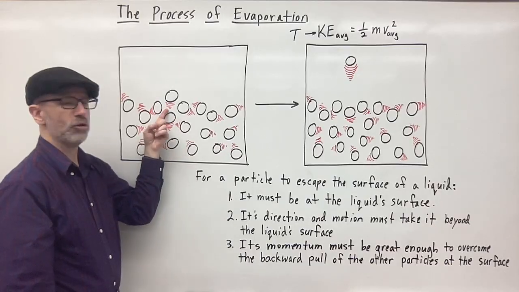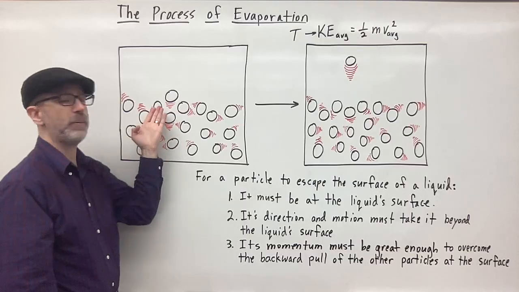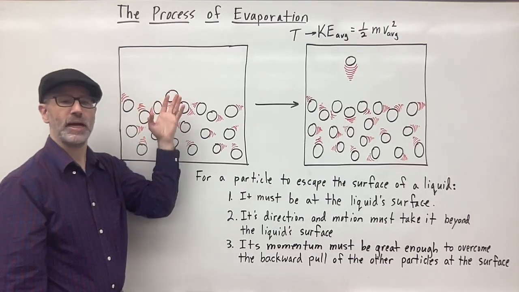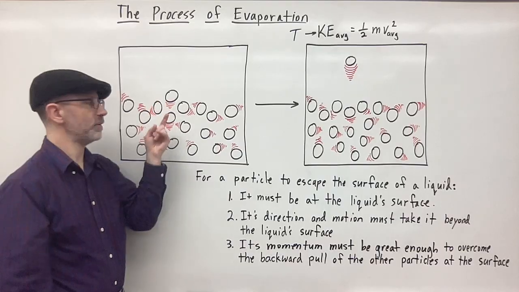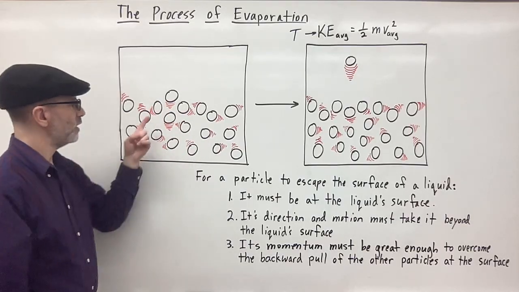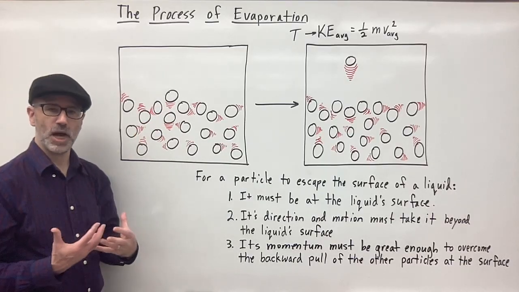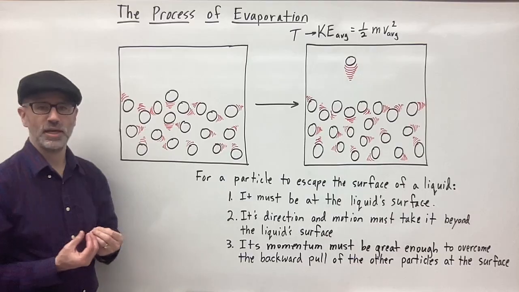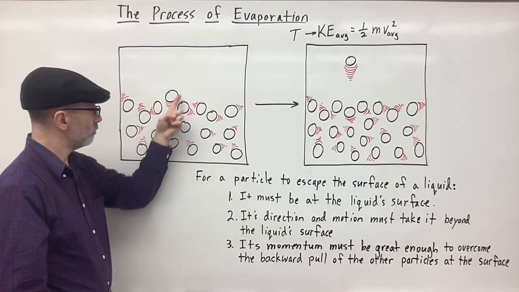But if this particle has enough velocity, then it can move beyond the surface, right? Now, if it's not moving fast enough, it might move a little bit beyond the surface, but then the attractive forces will pull it back, right? But if this particle here has enough momentum, enough velocity, enough kinetic energy, it can break free from the particles.